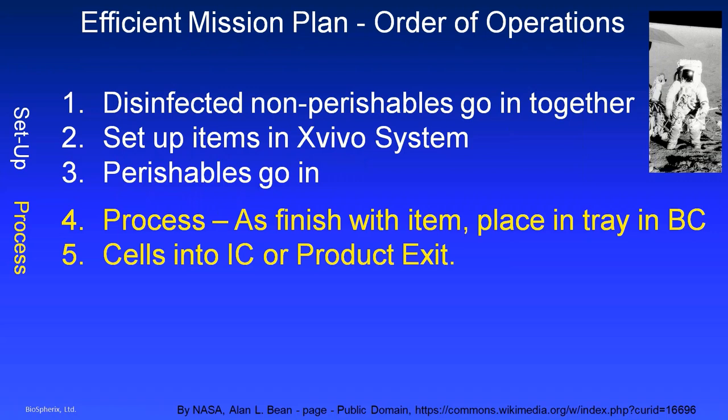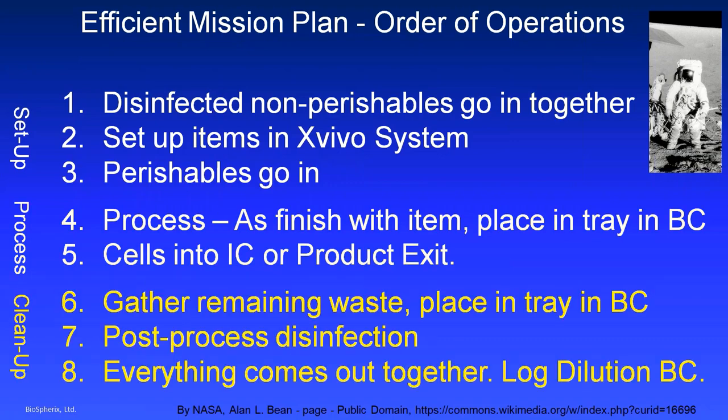Then you perform your process, and as you finish with each item, place it in a tray in the buffer chamber ready to exit, but don't take it out yet. What you want to do, if you don't have too much material built up, is wait until your cells are in the incubation chamber or out the product exit, whatever they're doing in your process, and everything's closed up, and then bring all your waste out together.